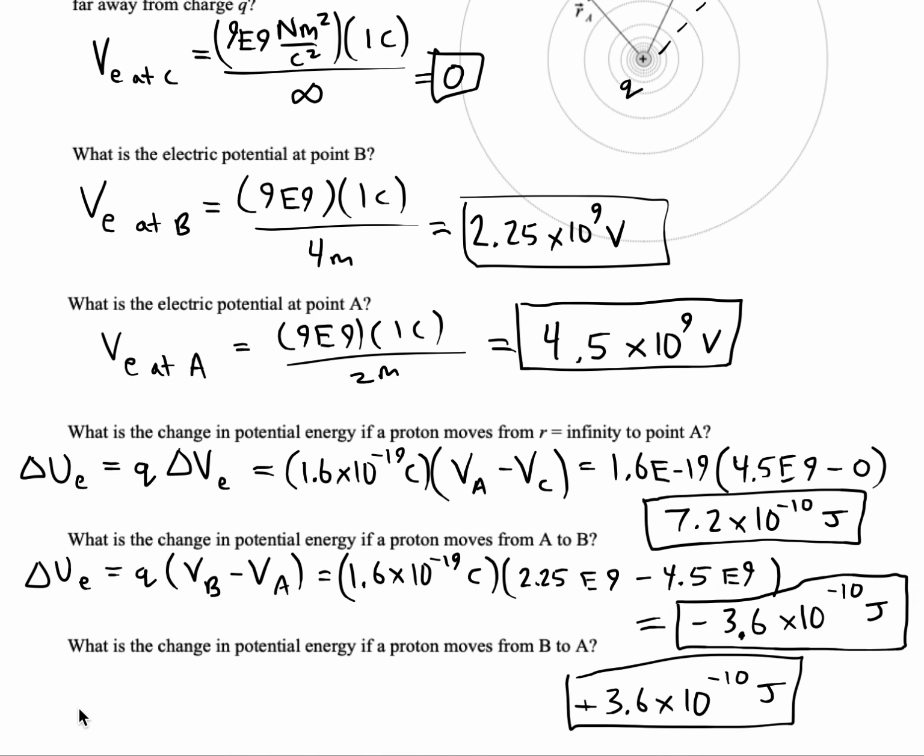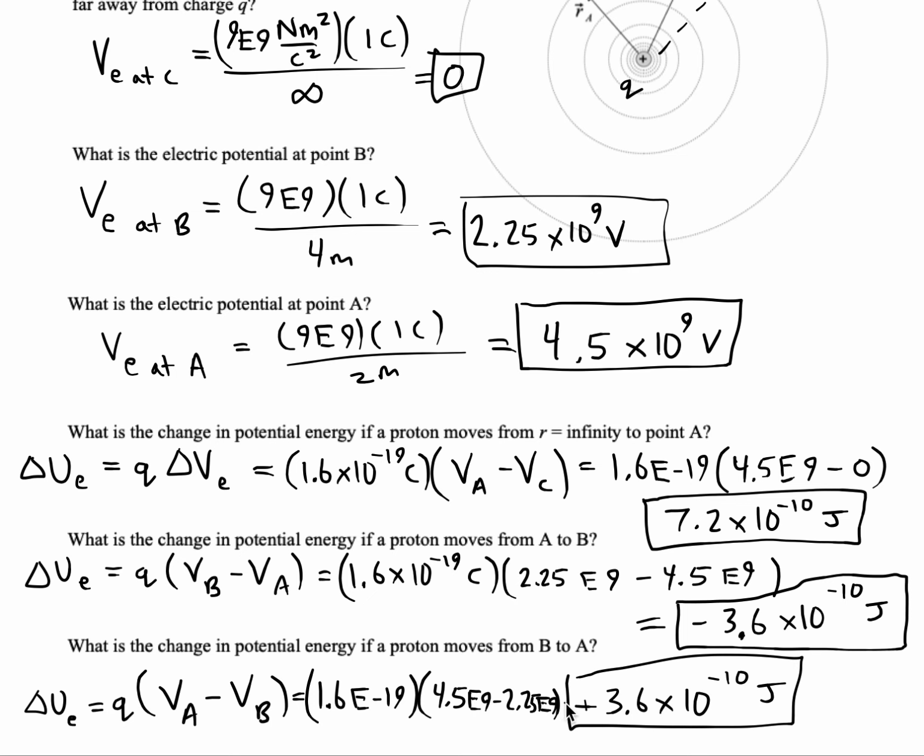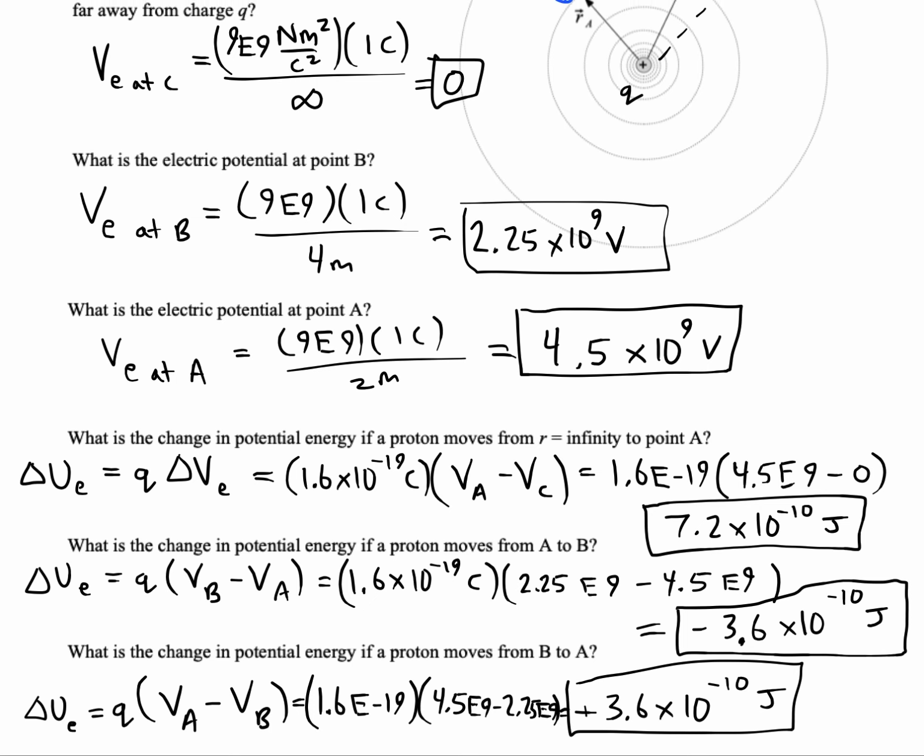The calculation would be, we would reverse VA and VB. Okay, and that would give us our answer.